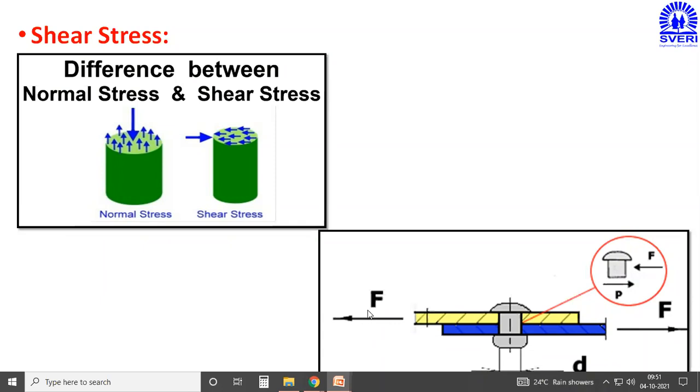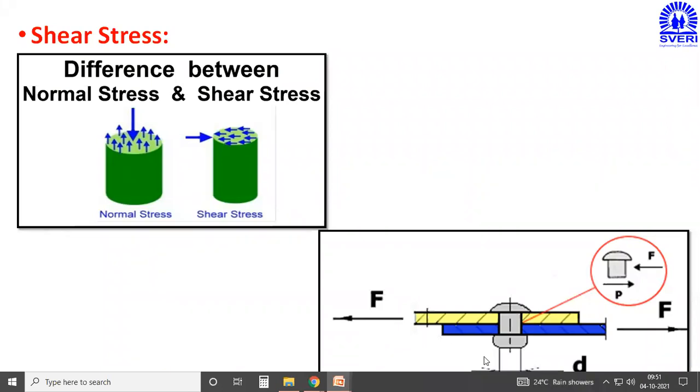This F applied at the left side and F applied at the right side are not coaxial. Coaxial means both the forces are applied on the same axis. But here you can see the axis of the yellow plate is different from the axis of the blue plate, and one F amount of force is applied at the top plate and another F amount of force is applied at the bottom plate.